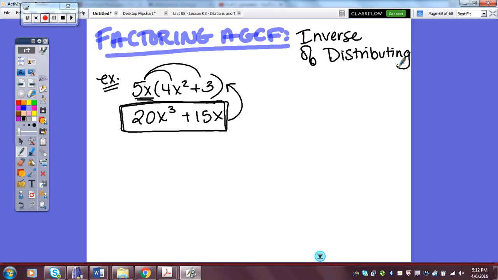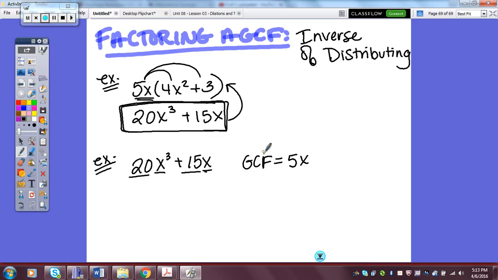Okay, so let's take this as my problem, and let's see if I can work backwards. 20x cubed plus 15x. The first thing you're going to do is determine a GCF. So I need to find a GCF between 20x cubed and 15x. The biggest number 20 and 15 have in common is 5. X cubed and x have an x in common.